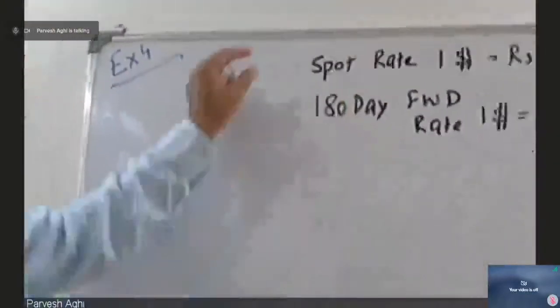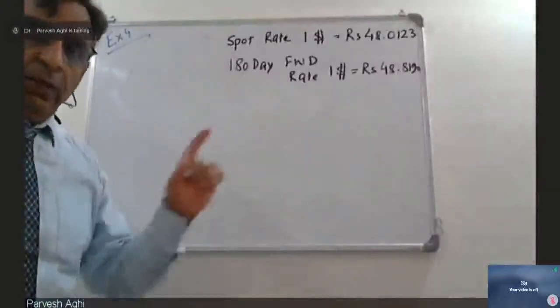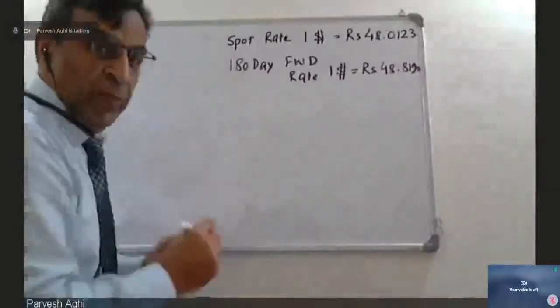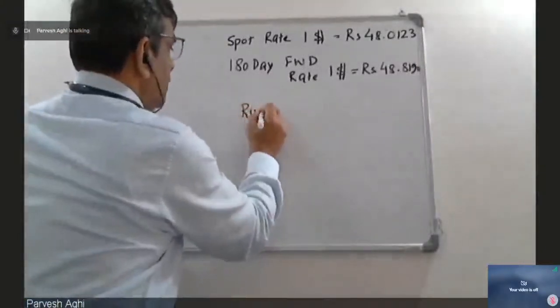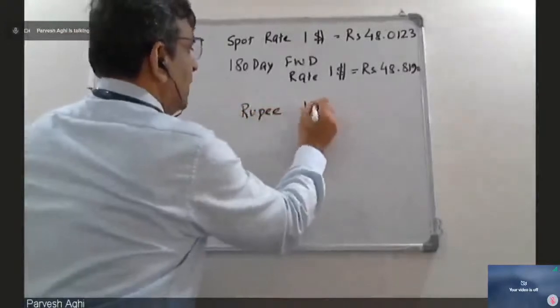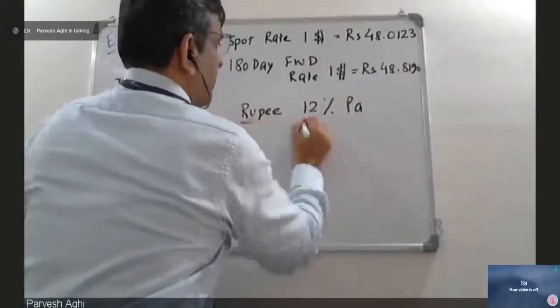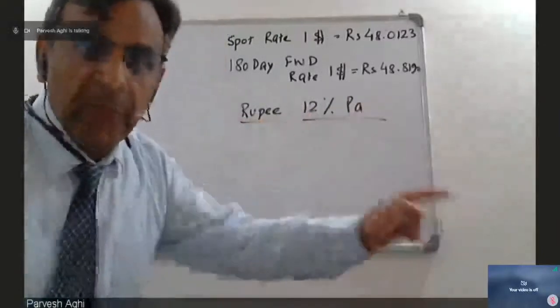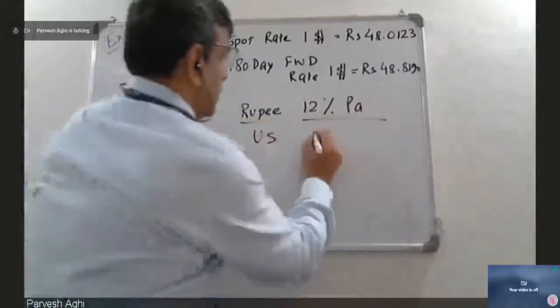Okay. So we have the spot rate, we have the 180 days forward rate. Now we know that the rupee interest rate, I am just writing in shortcut, is 12% per annum. So that means in India, the interest rate is 12% per annum, and in US, it is 8% per annum.